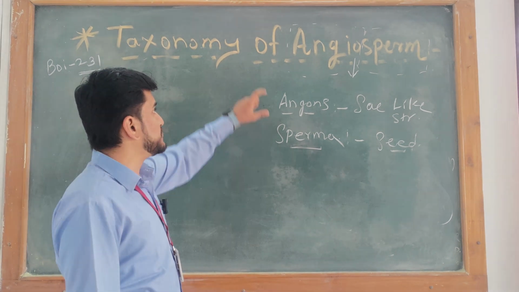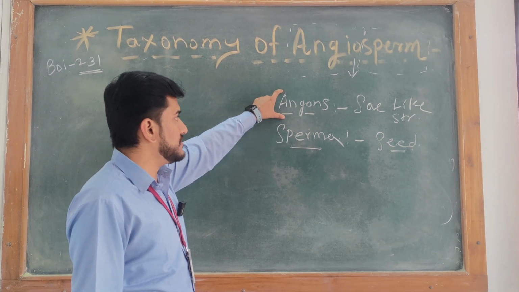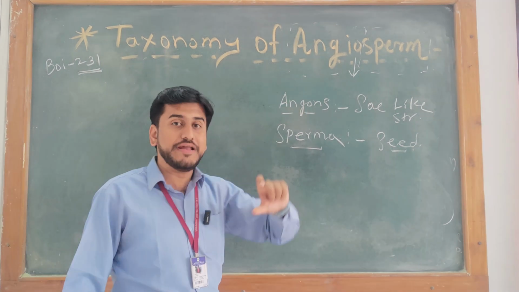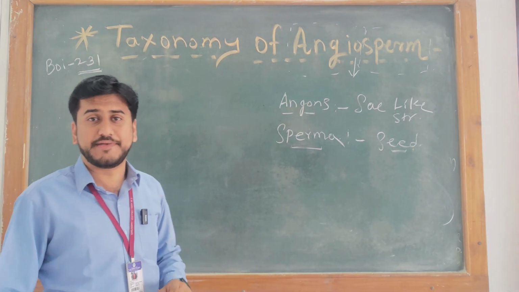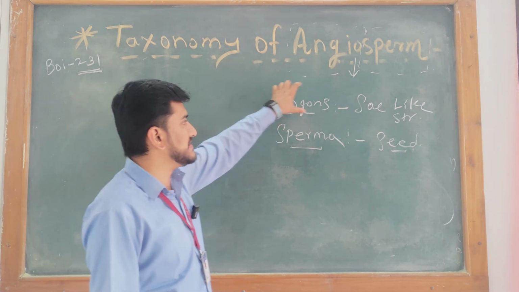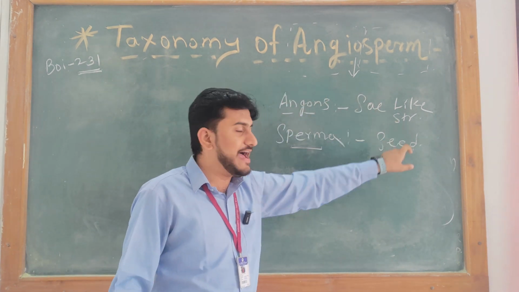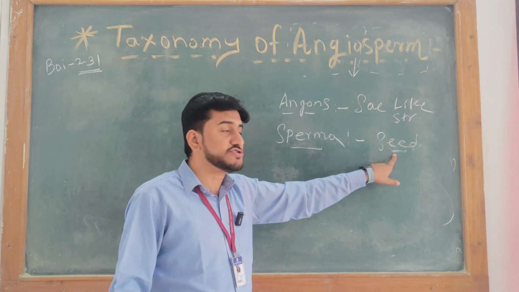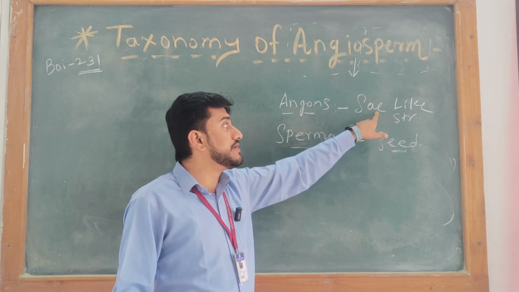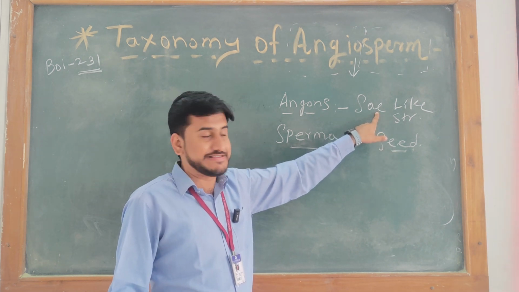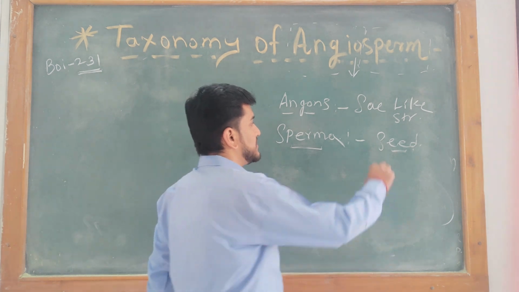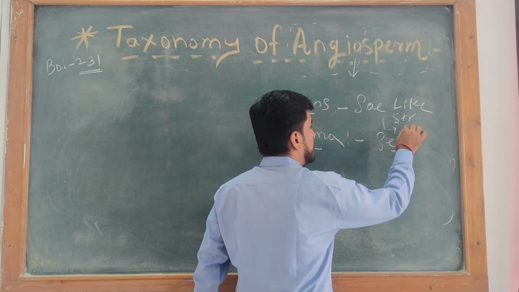Angiosperm is known as the flowering plant as well as seed bearing plant. Angions means sac-like structure and sperma means seed, meaning those seeds look like a sac. Sac-like structure means it is also known as enclosed seed.